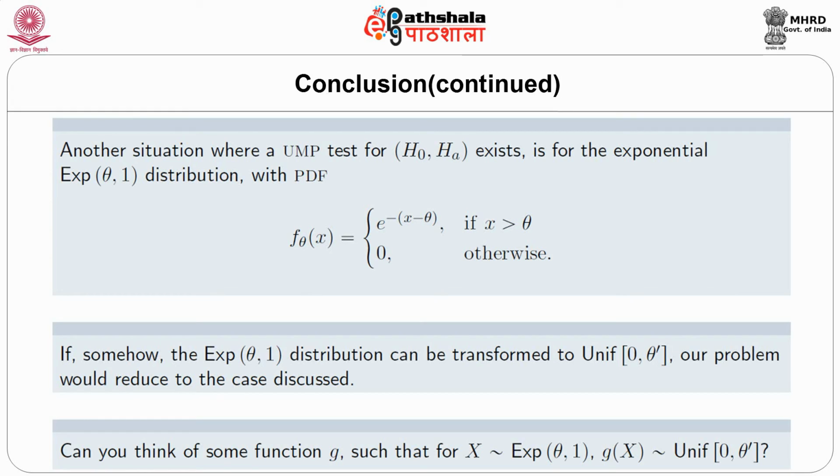Since x order n, that is the maximum of x1, x2, xn, is sufficient for theta, you can use the distribution of x order n, and from there you can find the uniformly most powerful test for testing theta equal to theta naught against theta not equal to theta naught.